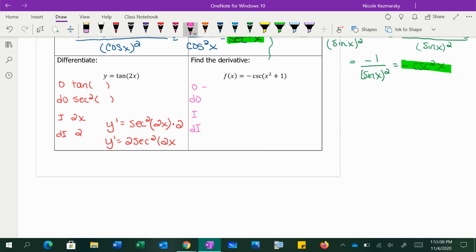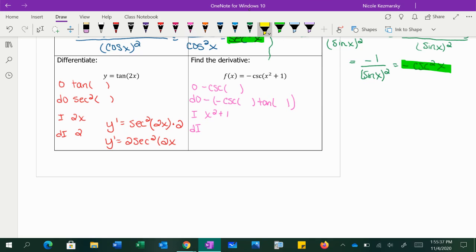The outer is negative cosecant of something. The inner is the x squared plus 1. Derivative of the outer is going to be the negative of the negative cosecant cotangent.